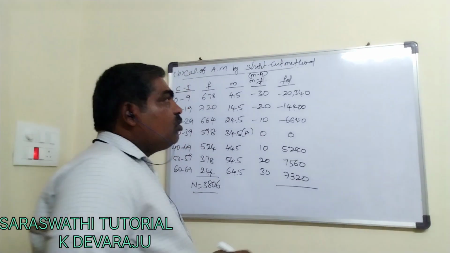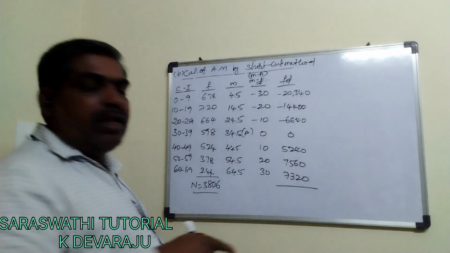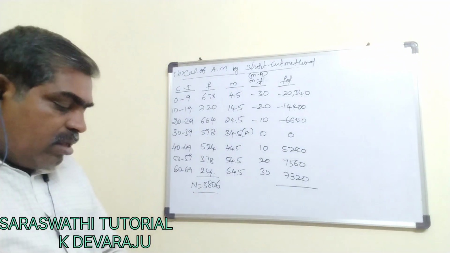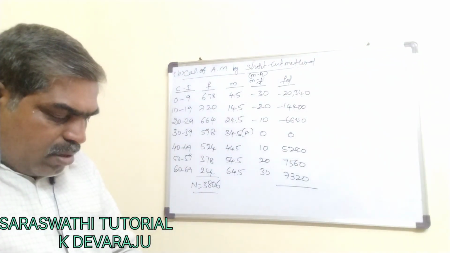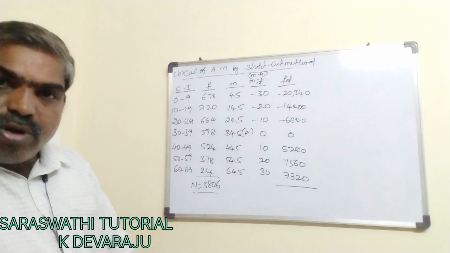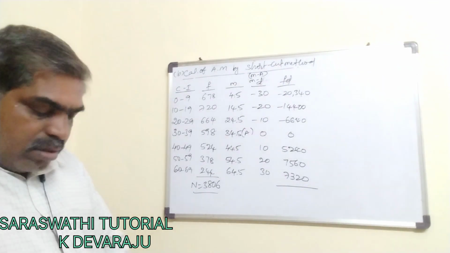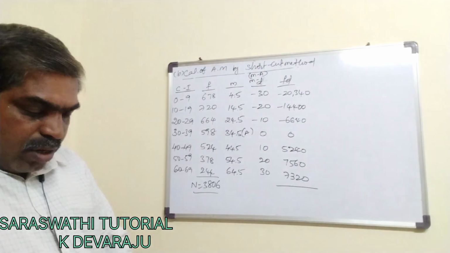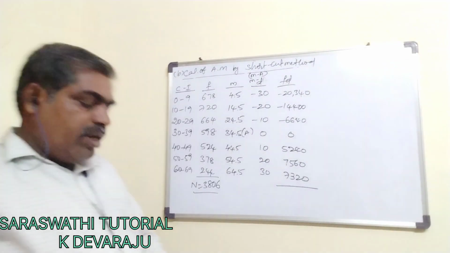Now we should add the positives and subtract the negatives. First the positives: 5,240 plus 7,560 plus 7,320. We got 20,120.